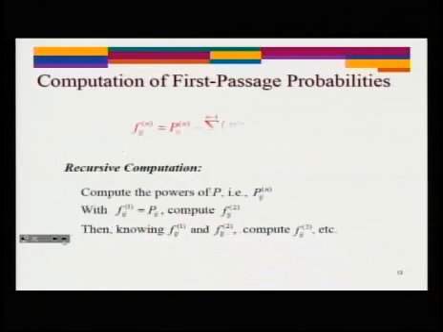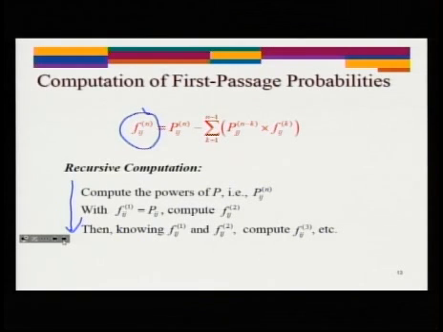So to obtain the first passage probability, we need to do what is called recursive computation. Okay? So in order for you to get this first passage probability, these are what you need to do step by step. First, you're going to compute the power of P, which is this.